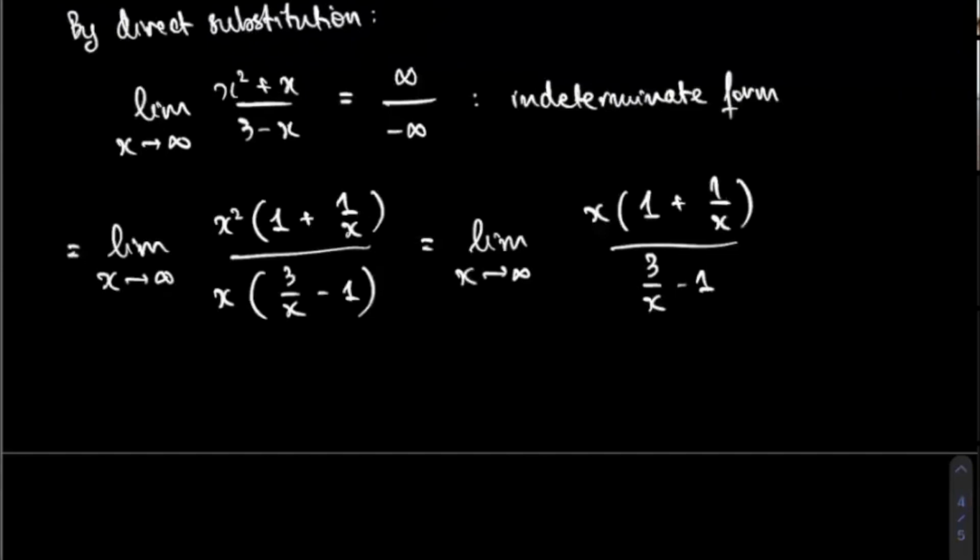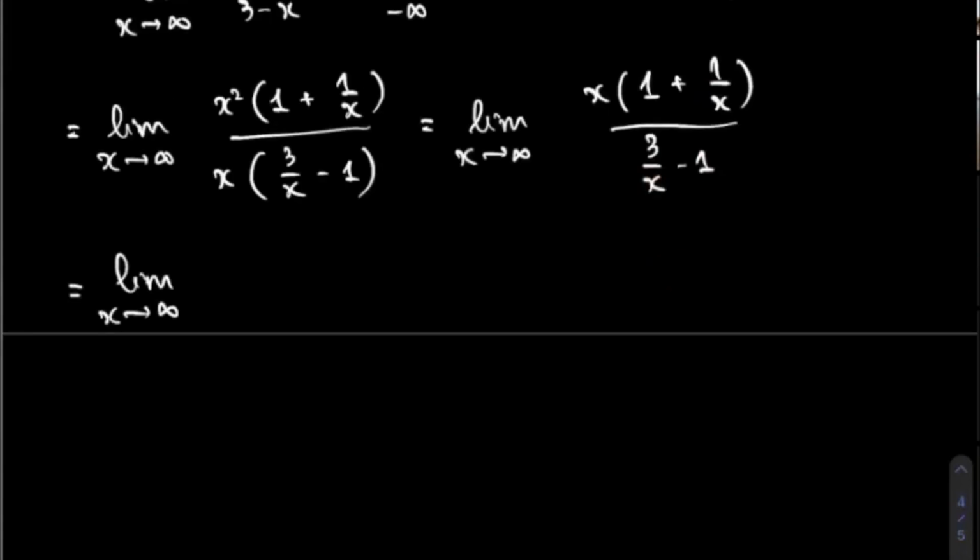So what is the limit of 3 over x as x approaches infinity equal to? Should be 0, right? So this one is also 0, and this one is also 0. All right, so what I can do is redistribute x into the parentheses so you can see it better. So x plus 1 over 3 over x minus 1.